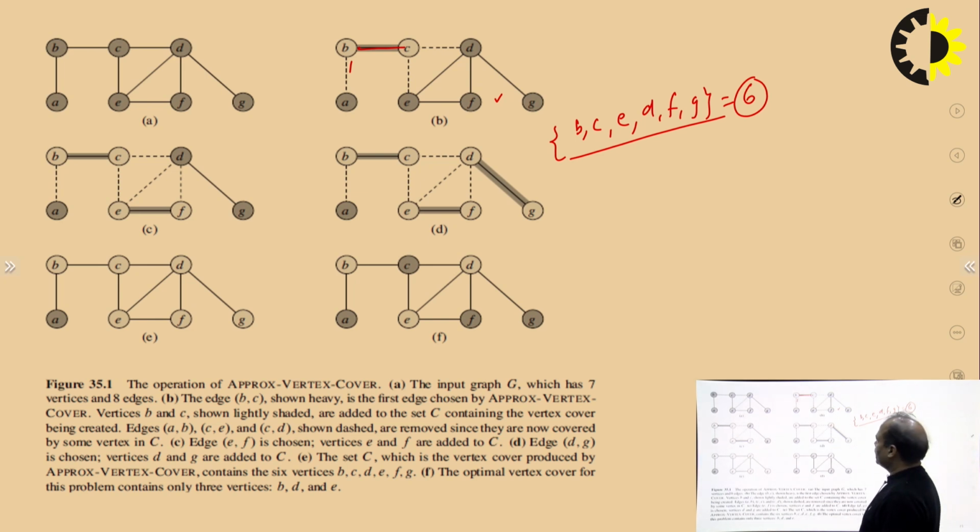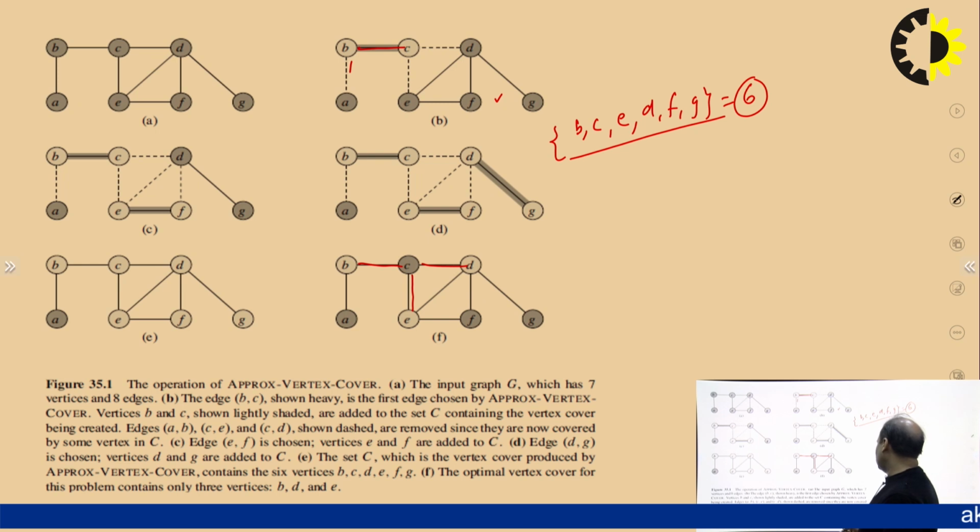On the other hand, if we are interested in getting the optimal solution, it's very easy. Just take C. Once you take C, this will cover this, this will cover this, this will cover this. Clear? And then take B, D, E. BDE will give you the optimal solution. Why?